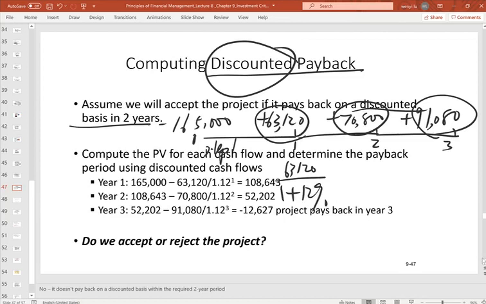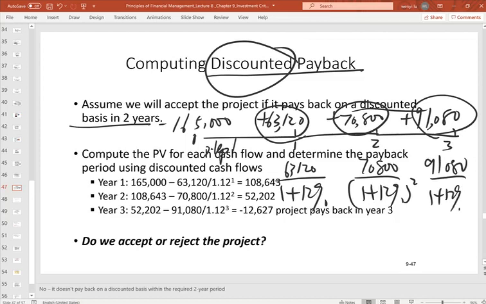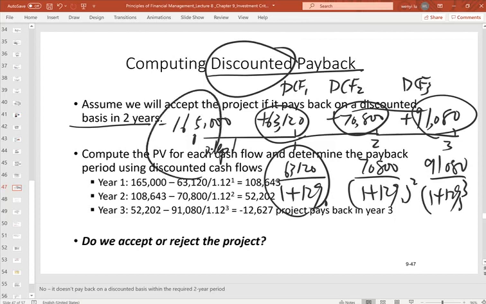For this one, it will be 7,800 over 1 plus 12% squared. The last one will be 9,180 over 1 plus 12% cubed. After you solve these discounted cash flows, DCF1, DCF2, DCF3, then you will add these numbers up to see in what year you will recover the initial cost.